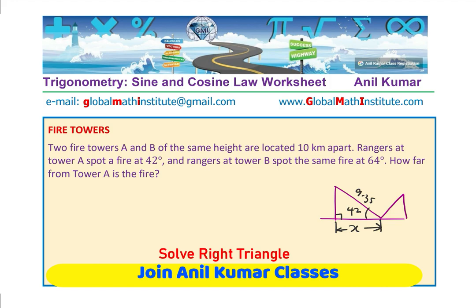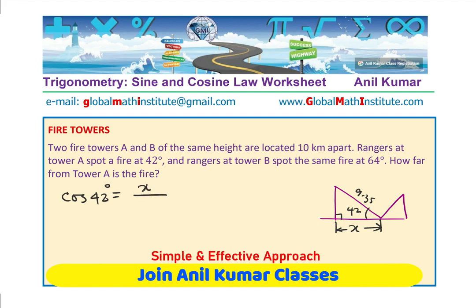And we say cos of 42 degrees is equal to x over 9.35, right? And therefore, x is equal to 9.35 times cos of 42 degrees. And that is equal to what? Let's calculate. 9.35 times cos of 42 degrees gives us 6.94.